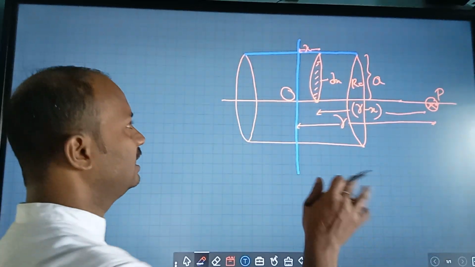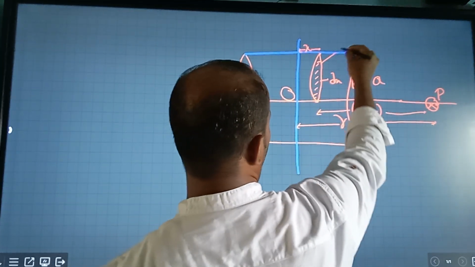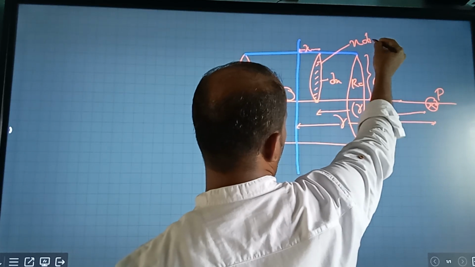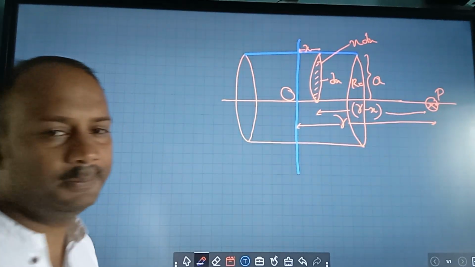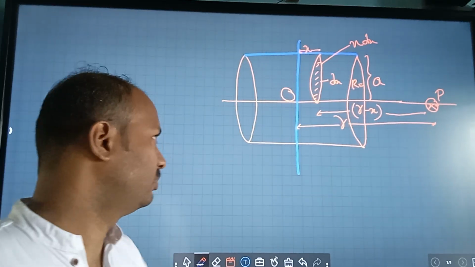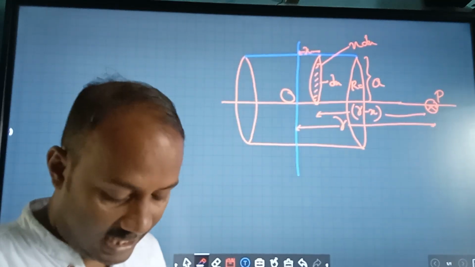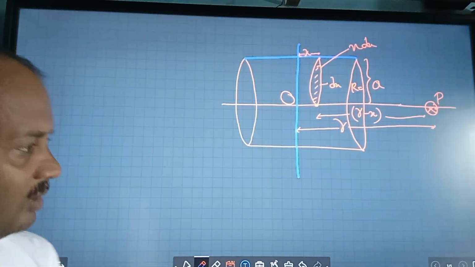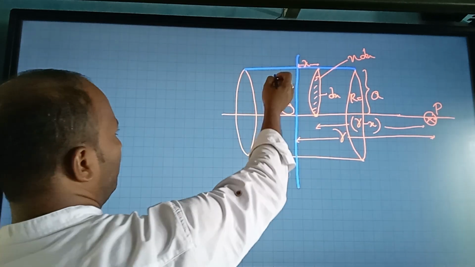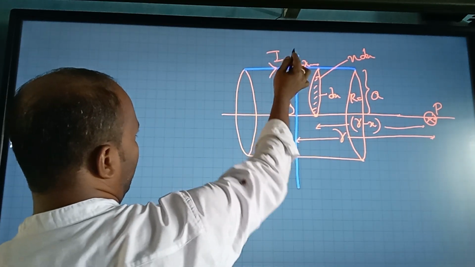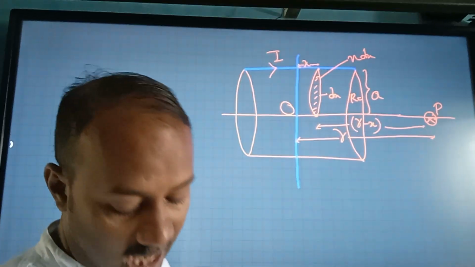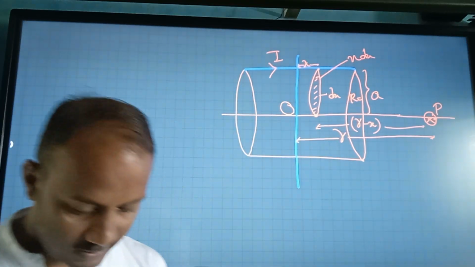The number of turns is n dx. And we assume the current passing through the solenoid is I.